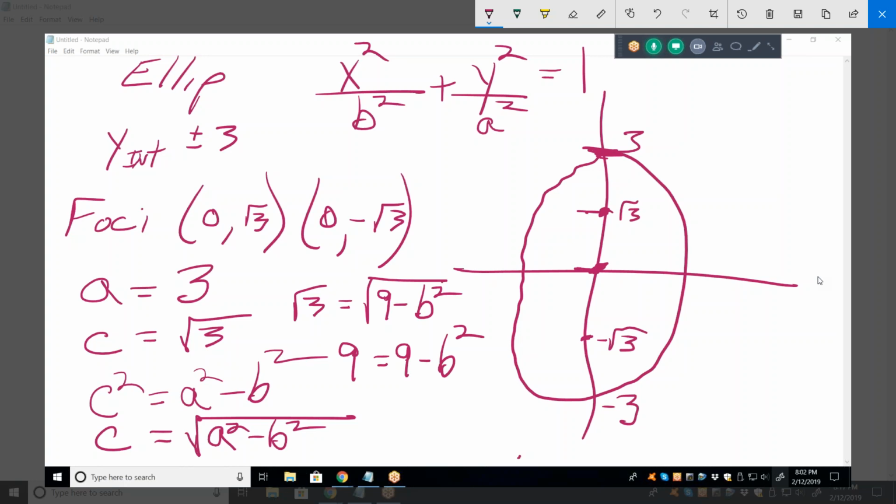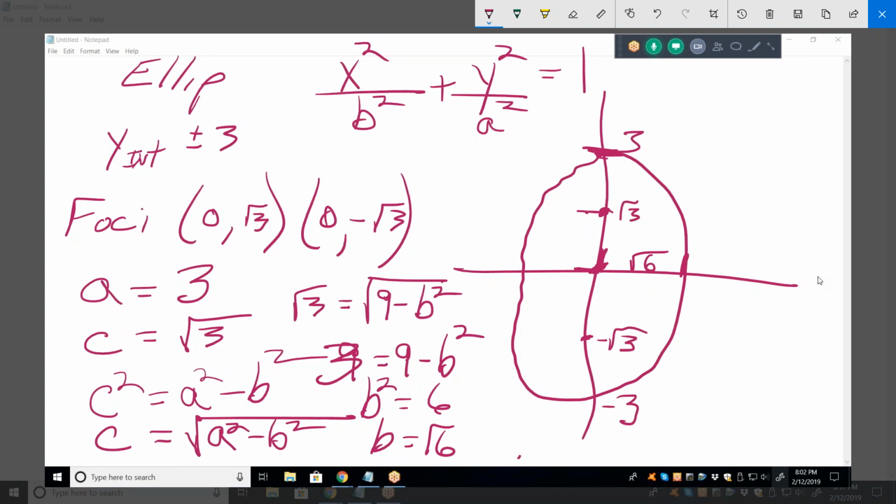I don't like where this is going. I get 3, excuse me, equals 9 minus b squared. So I get b squared equals 6, b equals root 6. This distance is root 6, right there, between that and that.